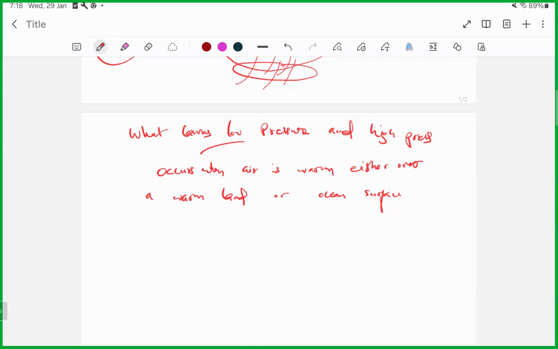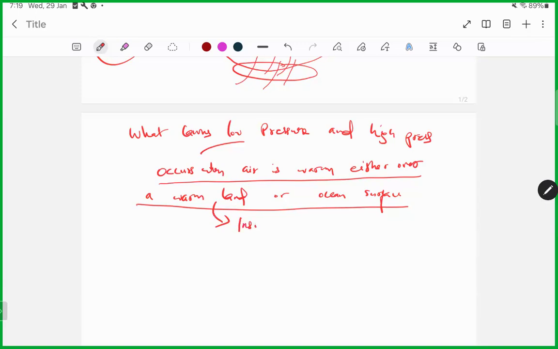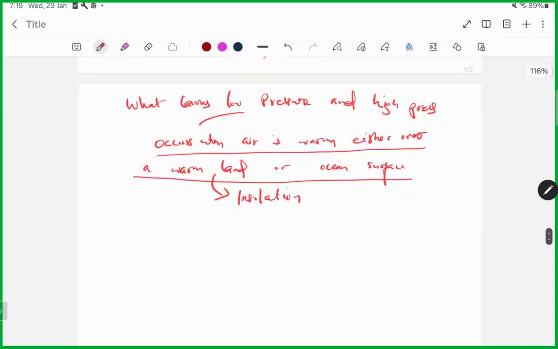So what causes low pressure? Low pressure occurs when air is warm, either over a warm land or ocean surface, because of the receiving of insolation. What is insolation? It is another word for the incoming solar radiation. So insolation, in other words, is known as the incoming solar radiation.